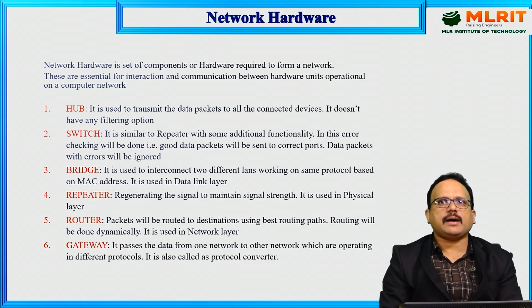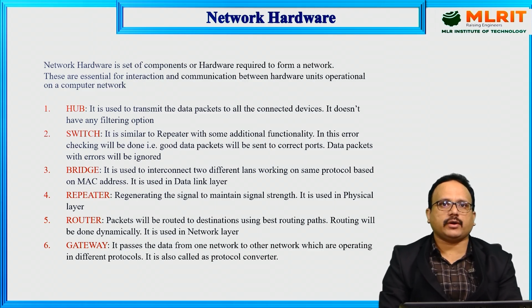The best examples of network hardware include hub, switch, bridge, repeater, router and gateway. These are the 6 network hardware components required for transmission or interaction between the hardware units in the computer network.